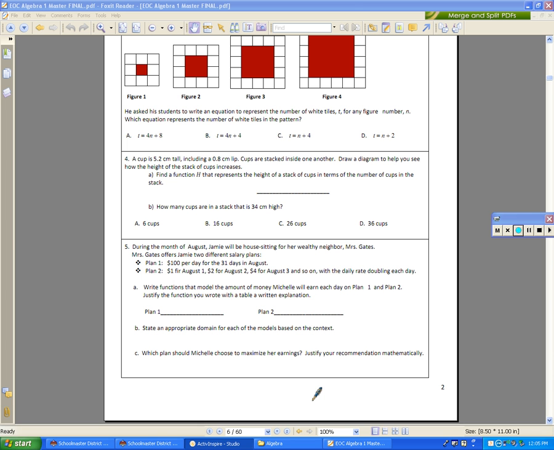Okay? How would you use the formula that we came up with for plan 2 to justify why you should do that one instead of plan 1? Well, 31's the end. Okay, so 31 is going to be our n.